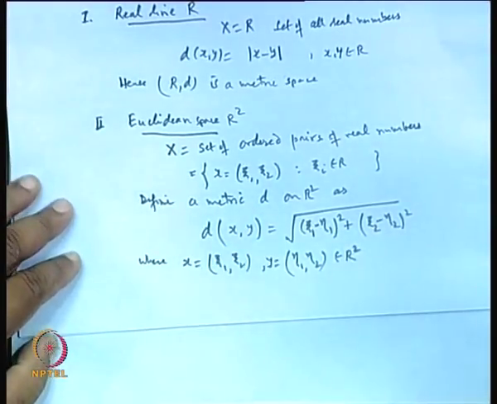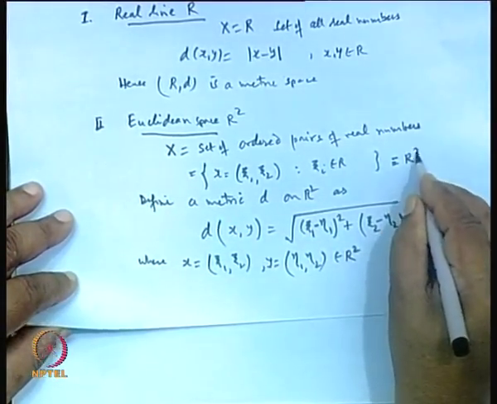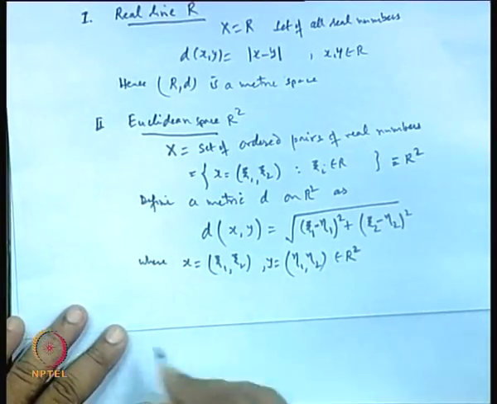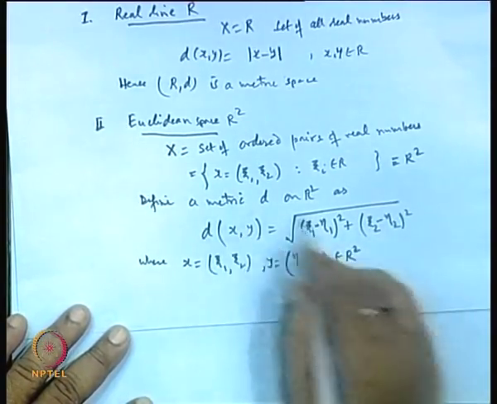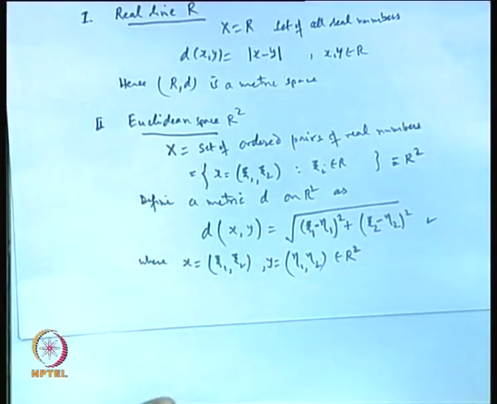So, this is our space X, which is the R2 space. Then this notion of the distance which we defined forms a metric space. Why?